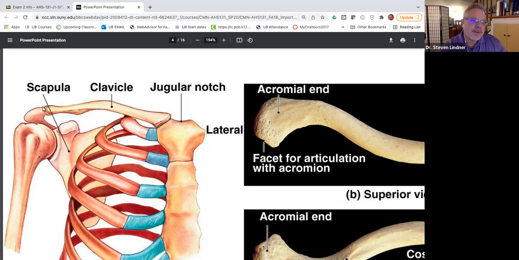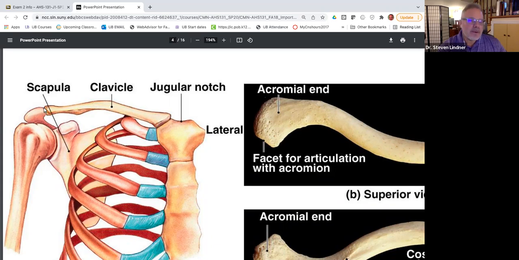And then there's another joint here, between the clavicle and this process called the acromion process. It's the highest part of the scapula, way up here. So the junction between the acromion and the clavicle is called the acromioclavicular joint or the AC joint.